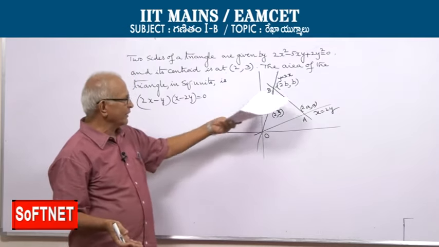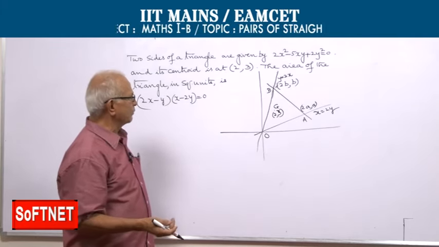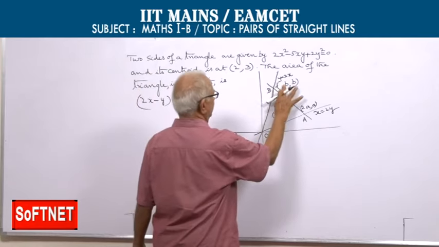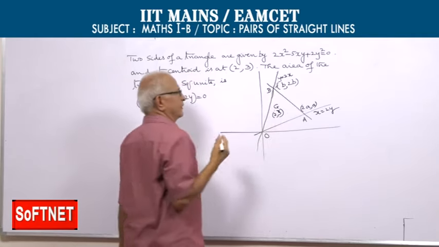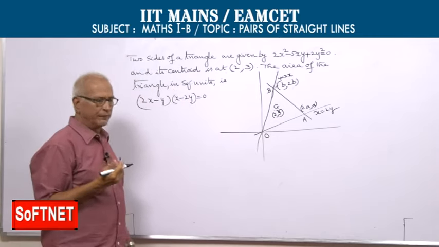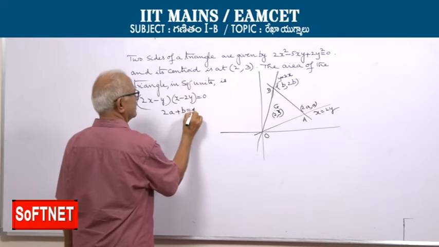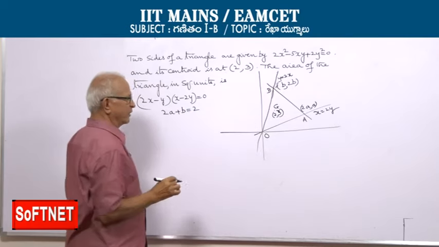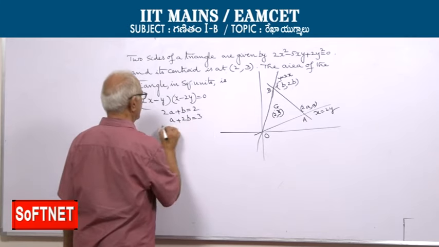So, therefore, 2a plus b is 2, that is the x coordinate of the centroid, and a plus 2b is 3, that is the y coordinate of the centroid.